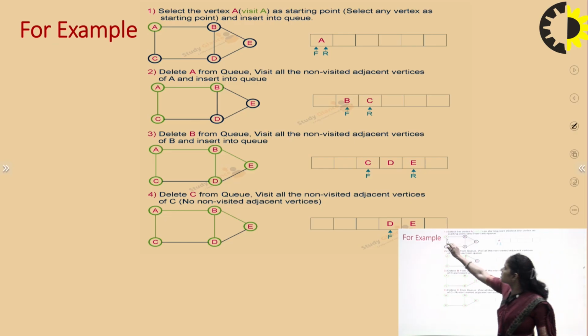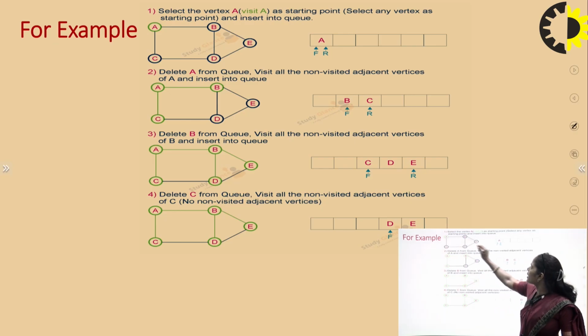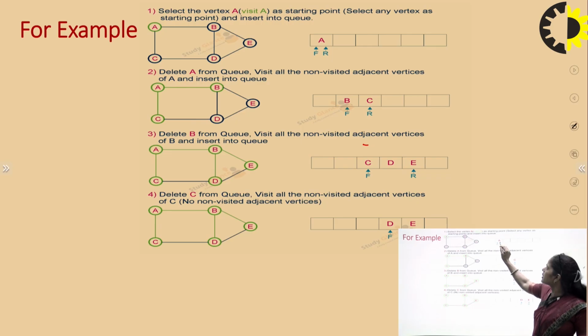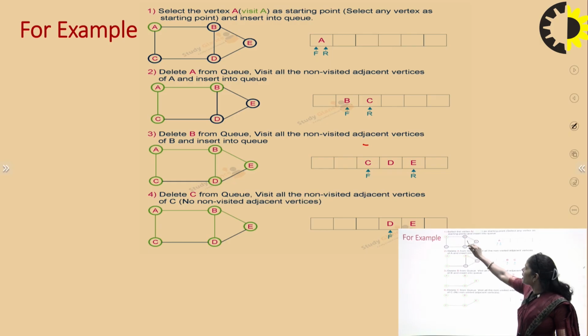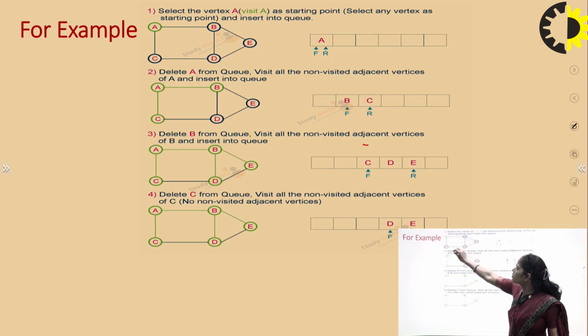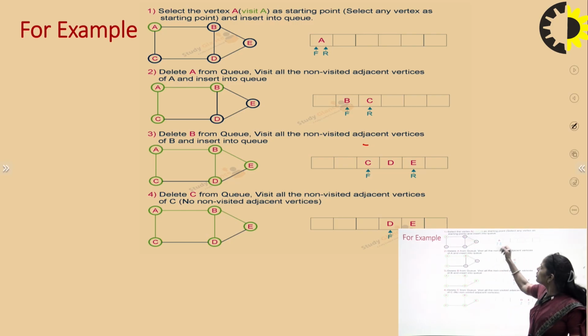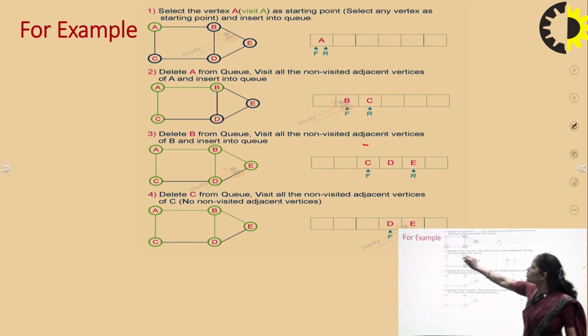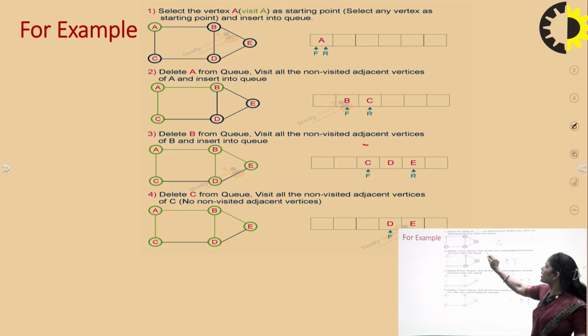Let's suppose A is my starting vertex and I go with inserting A in the queue. So select vertex A as a starting point, visit it and insert it in the queue. Next, we will move on to the adjacent nodes, the neighbor nodes. For this, we have to delete A from the queue and visit all non-visited vertices.